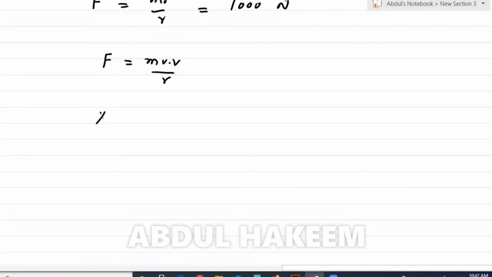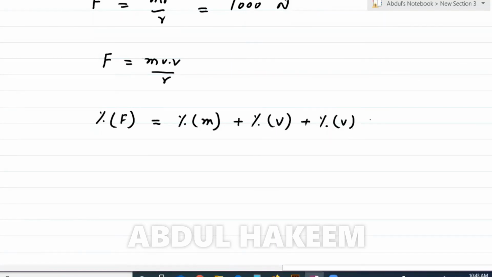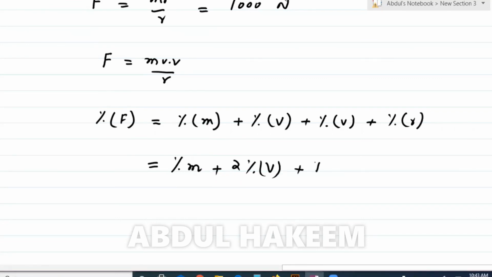So the percentage uncertainty in force is equal to percentage uncertainty in mass plus percentage uncertainty in speed plus percentage uncertainty in speed again plus percentage uncertainty in the radius. Whether it's multiplied or divided, we have to add the percentage uncertainty. So in short, it can be written as percentage of M plus 2 times percentage of V plus percentage of R.